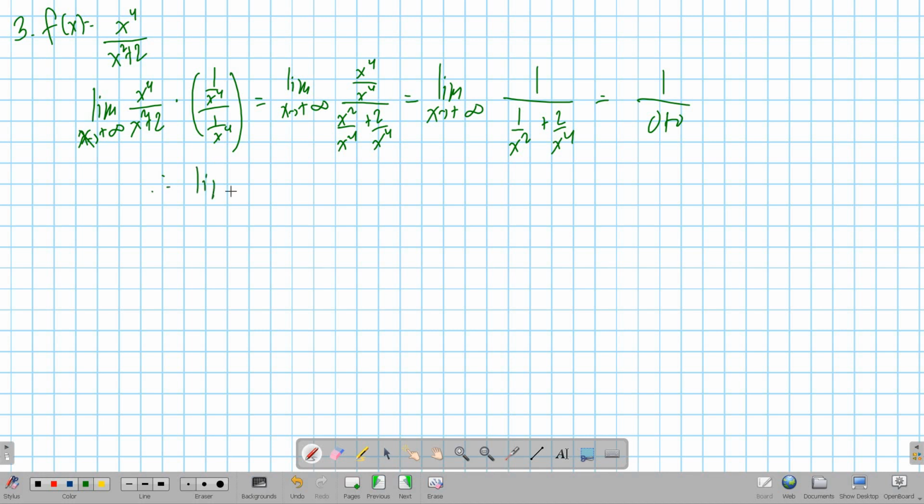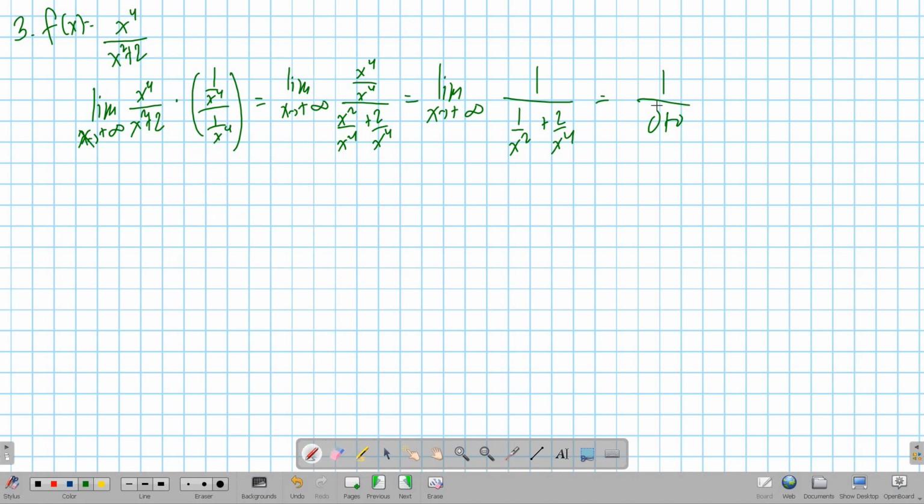Therefore, the limit of x to the 4th over x squared plus 2 as x approaches positive infinity does not exist. But actually, we can try to double check. Before we declared it doesn't exist, let's check if we're going to get an infinite limit for this.